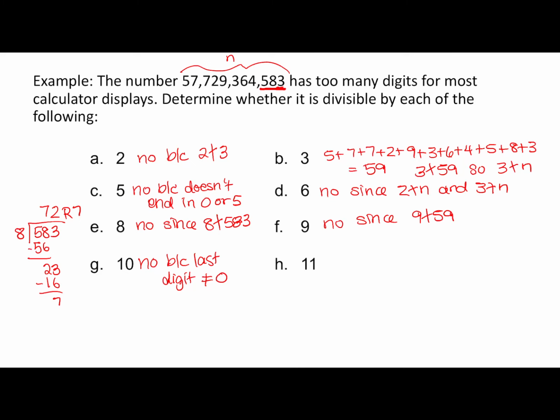All right, and finally we have our test for 11. Remember, with our test for 11, we're going to start in the units place and do an alternating sum. So I'm going to look at 3 minus 8 plus 5 minus 4 plus 6 minus 3 plus 9 minus 2 plus 7 minus 7 plus 5.